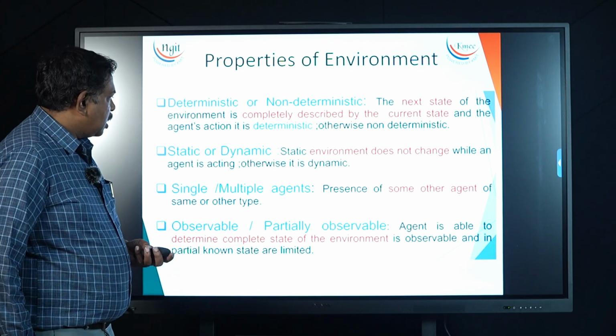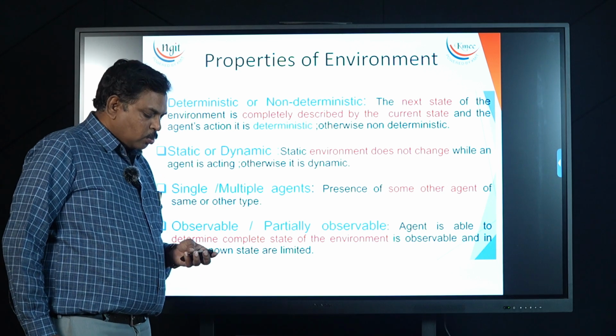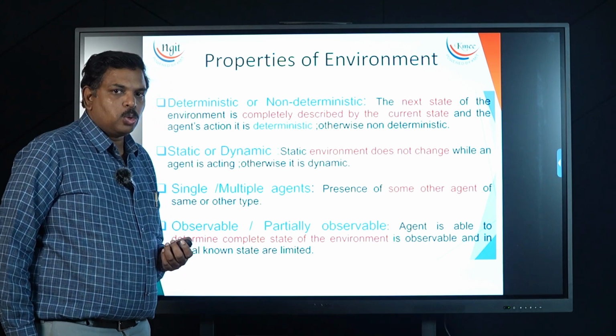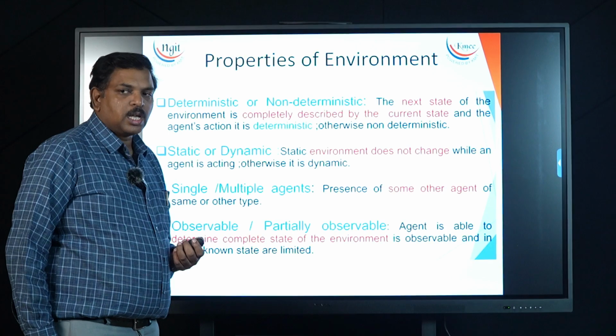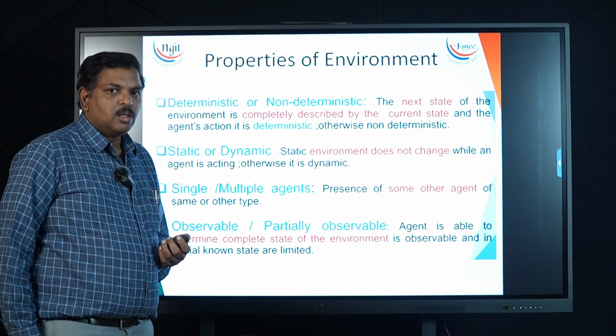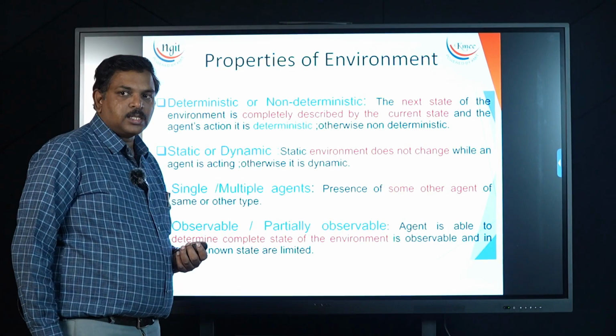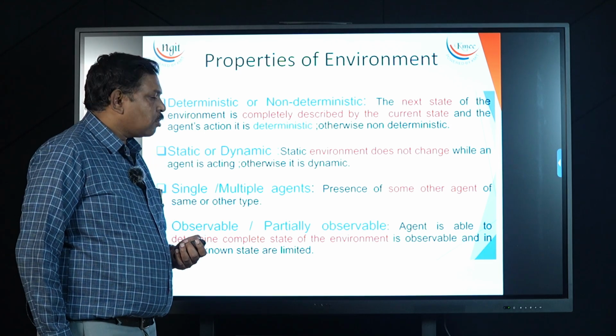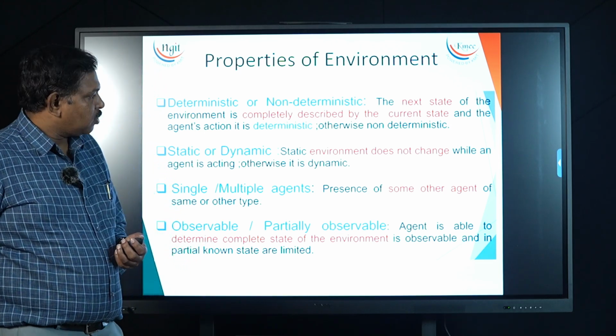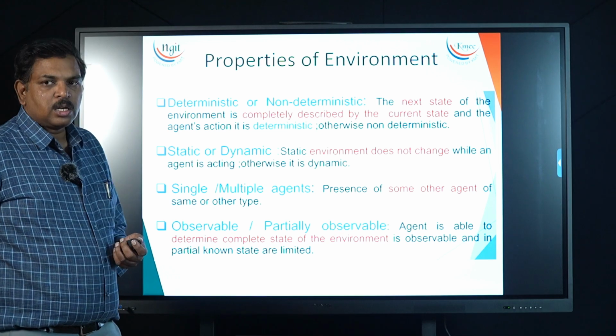As I said, a vacuum cleaner agent is working in a room. The room size, room length and breadth, and whatever nature that room has doesn't change. So when the environment is fixed, with its nature and working conditions, the agent can easily work in it.